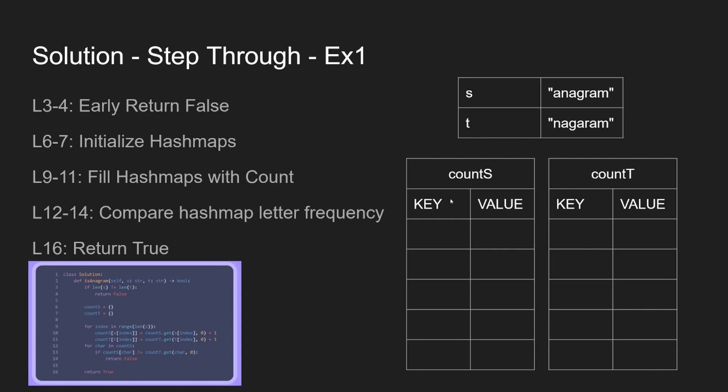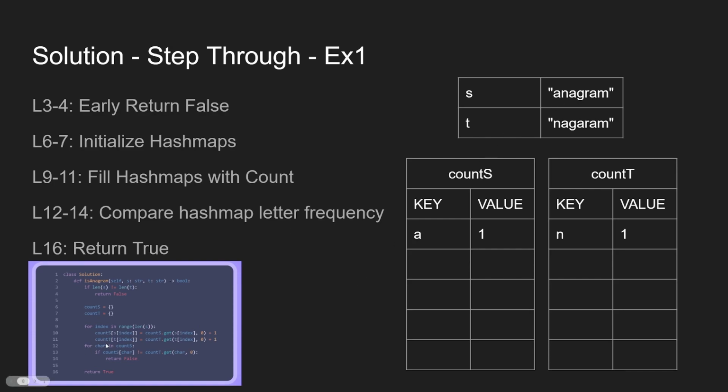So we try to call count s bracket A. That would return an error because currently the hash map is empty. So using .get, if it's empty, we can set it to an initial value of 0, which is that second argument right there.